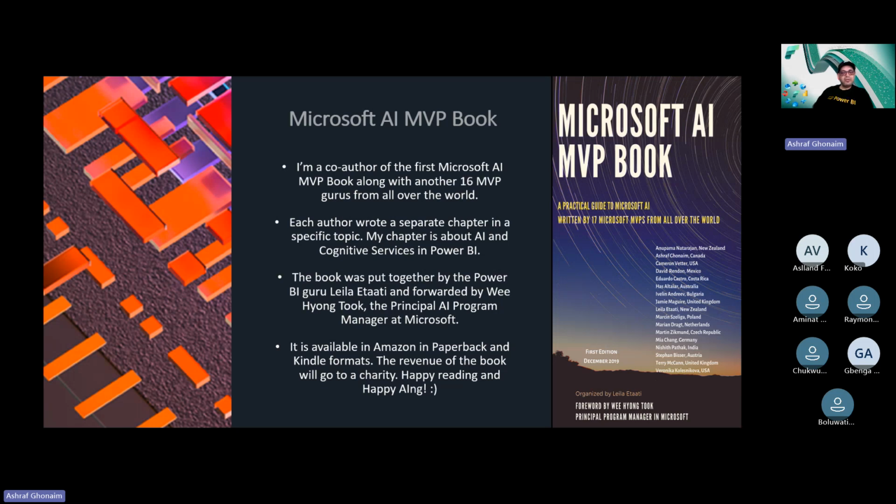They are relatively old books now, because they were written back in 2019. But if you are at an early stage of learning about Power BI and AI, you can check them out. They are available on Amazon, and they can give you a really good foundation.